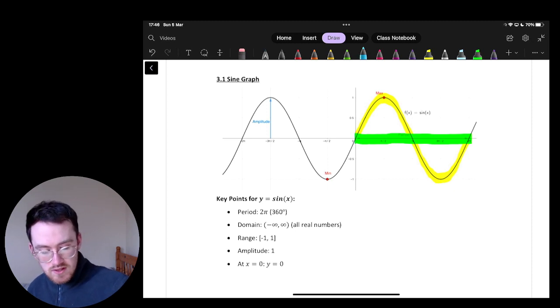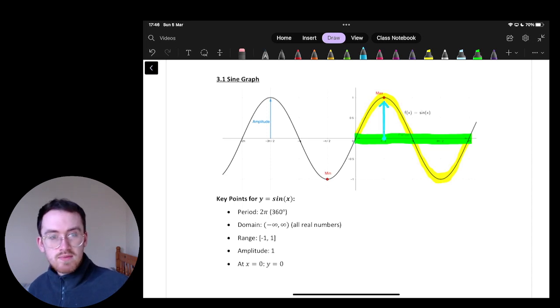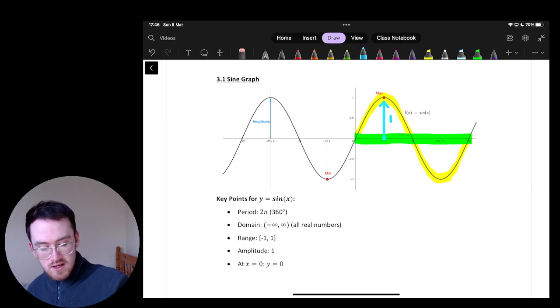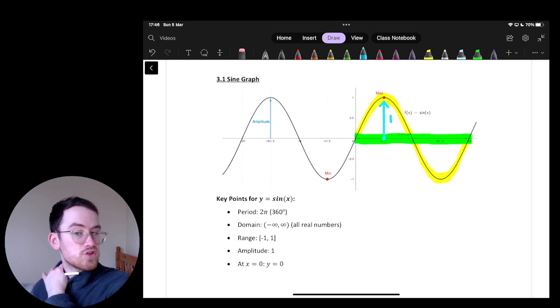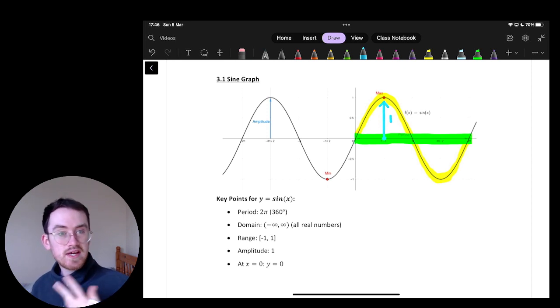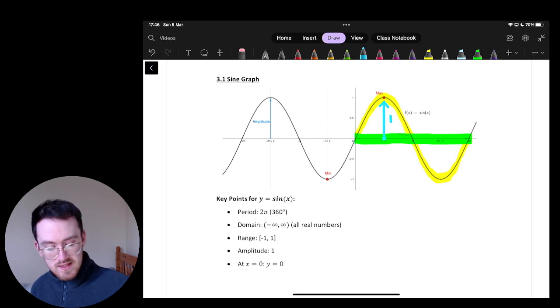The amplitude then is the distance from the middle line up to my highest point, which is up here. The distance there is just 1. So for our standard sine graph, the amplitude is just 1. The range we said was the range of y values that we hit. We can see that we're hitting the point 0, 0, the highest point we go to is 1, the lowest y value we go to is -1, and we're hitting every y value in between.